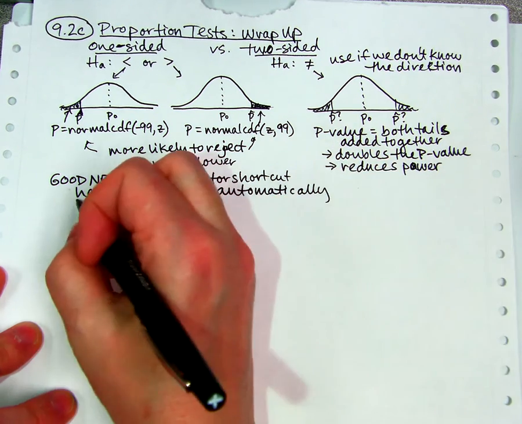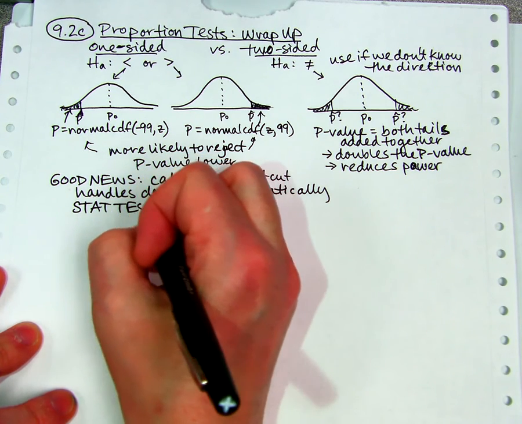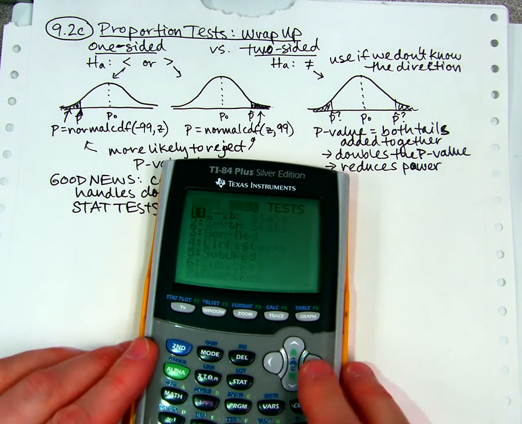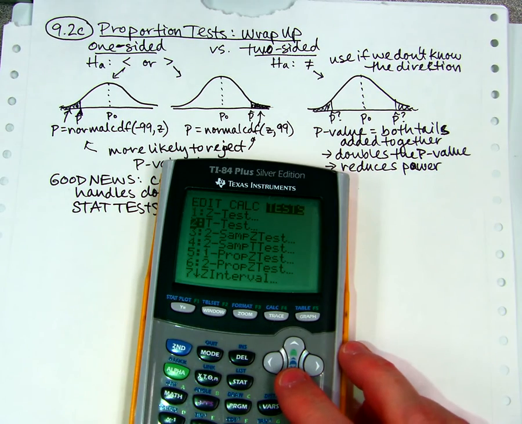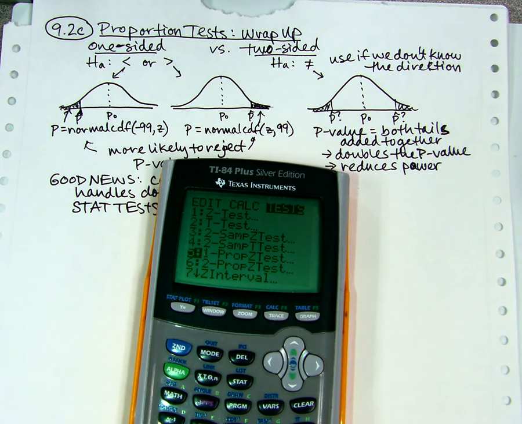So I'm going to show you that shortcut. It's in the Stat Tests menu, as you probably could have guessed. And it is officially called a one proportion z-test. It's number 5 on the list.